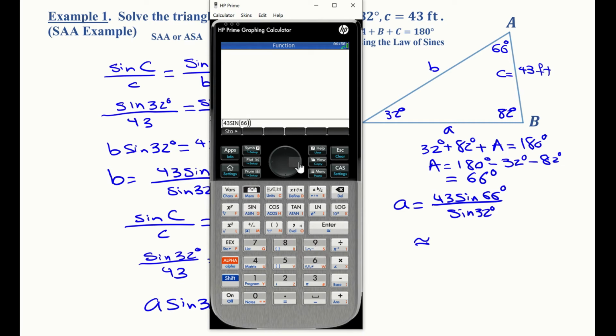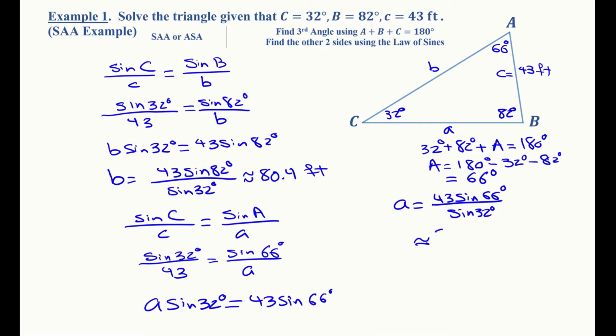I'll exit out of that, and then we'll divide that by sine of 32. So we get approximately 74.1. And that'll be in feet as well.